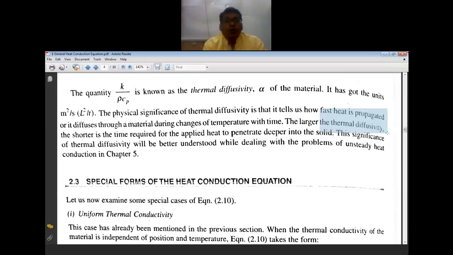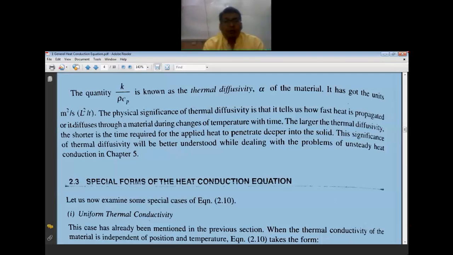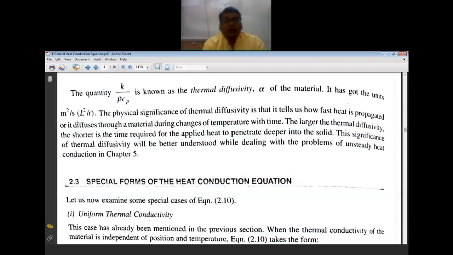So K upon rho Cp is known as the thermal diffusivity, and it tells about how fast the heat is propagated or diffused through the material during the change of temperature within the specific time.